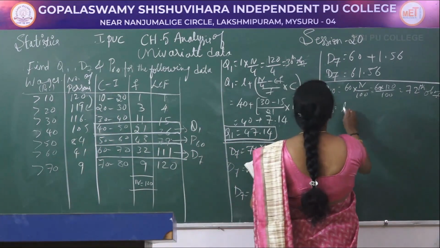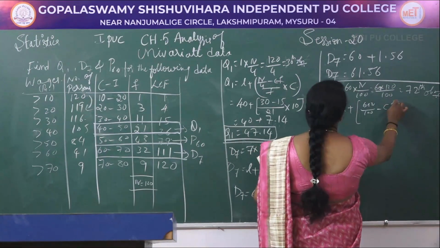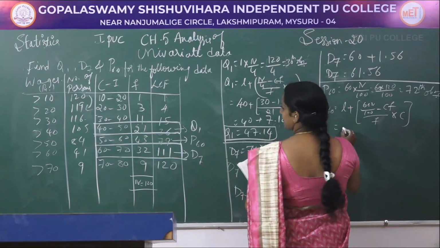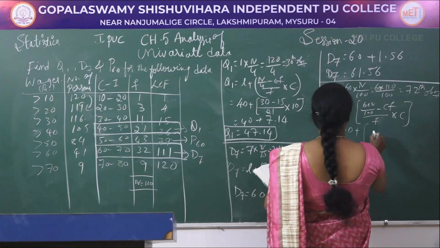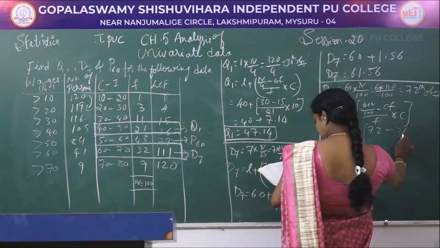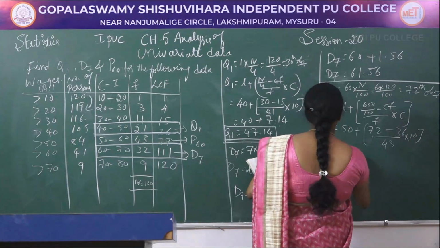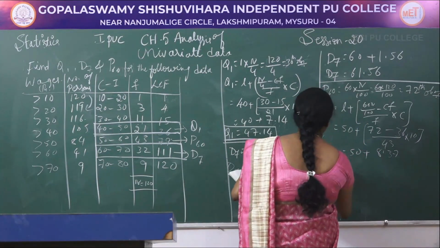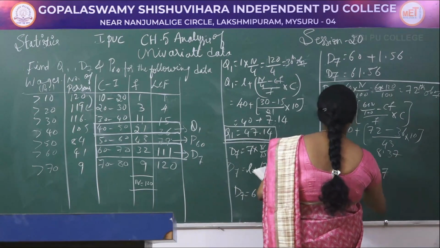Again the formula is L plus 60n by 100 minus CF by f into c. L is equal to 50 plus, 60n is 72, minus CF, that is the previous one, 36, by 43 into 10. So this is 50 plus 8.37. So P60 is equal to 58.37.